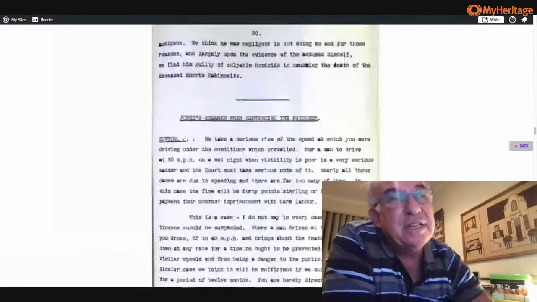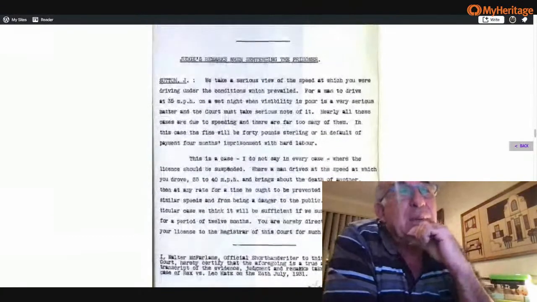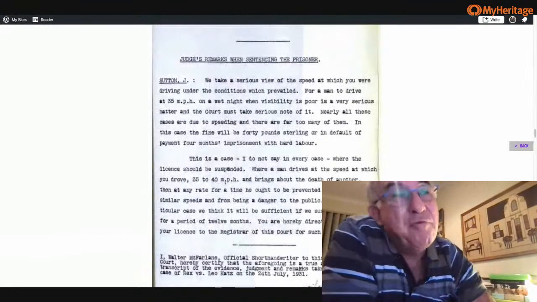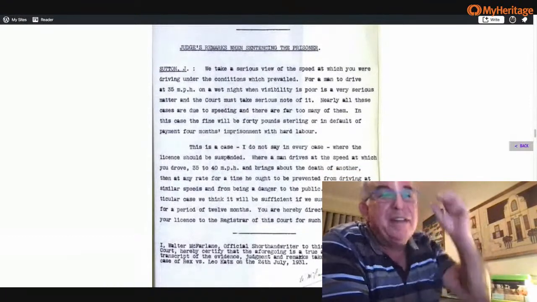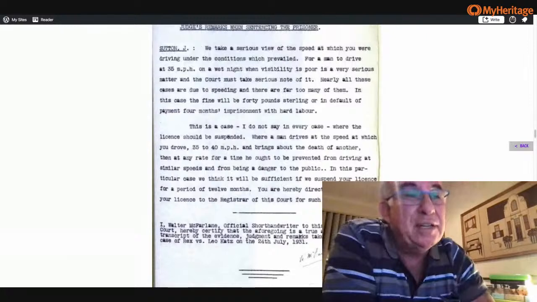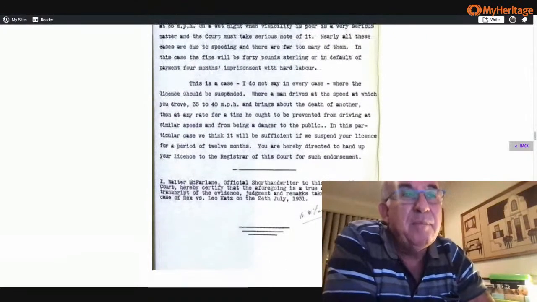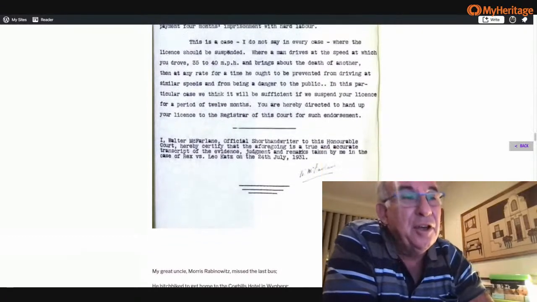So these are more detailed documents, and then the judge sentenced him. He said he was driving recklessly at 35 to 40 miles per hour on a rainy night, and that was regarded as reckless. He didn't give him a jail sentence, but he was fined £40 and he was suspended from driving for about a year.